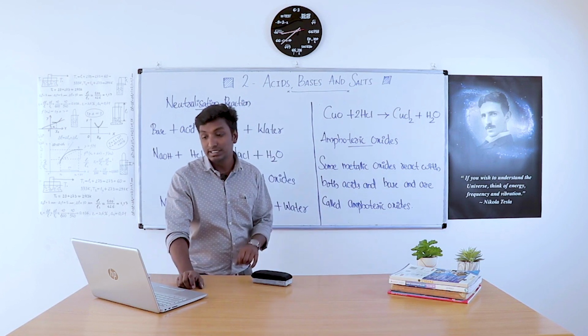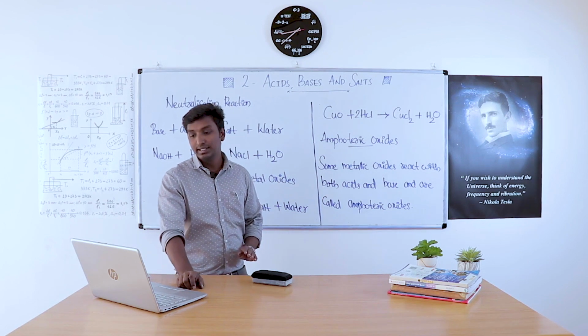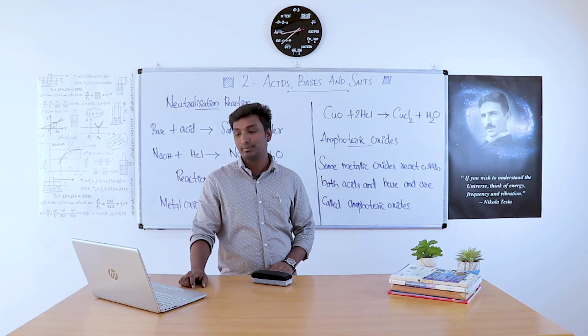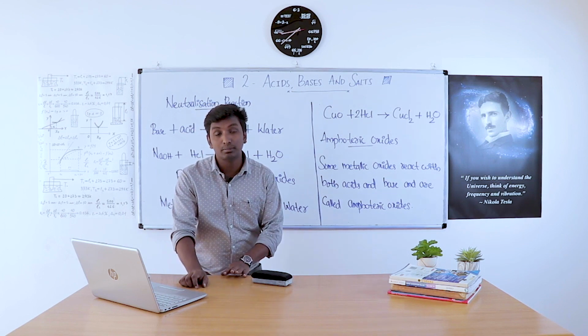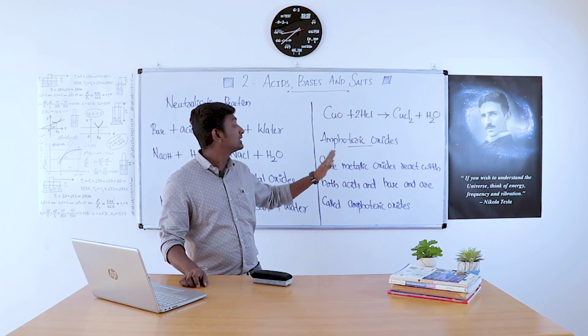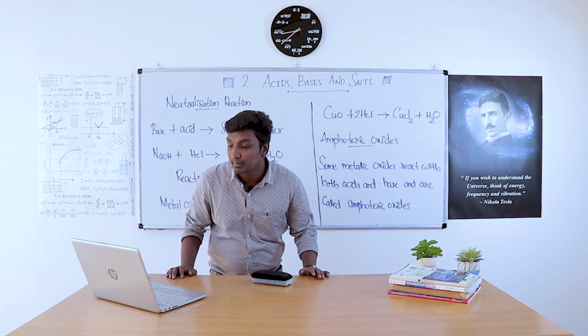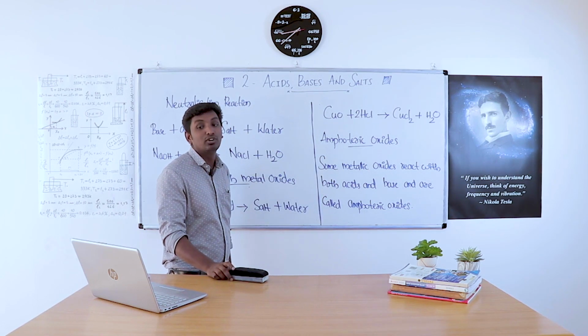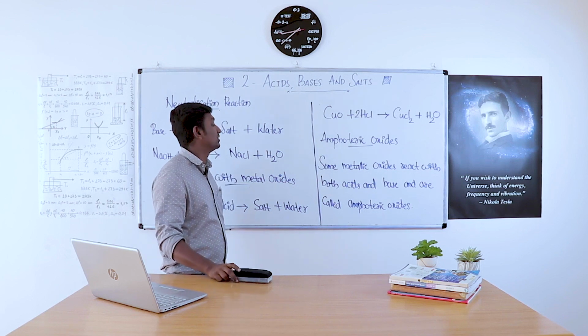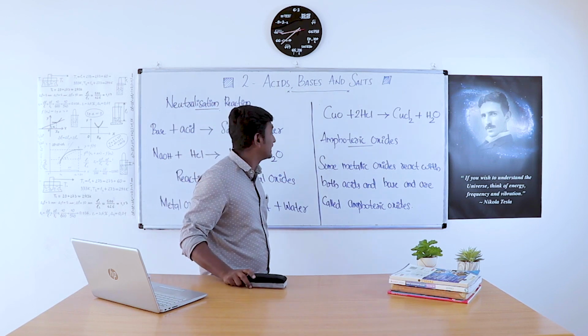Some metallic oxides are said to be basic in nature because they give salt and water on reacting with acids. Some metallic oxides react with both acids and bases. Such oxides are known as amphoteric oxides.